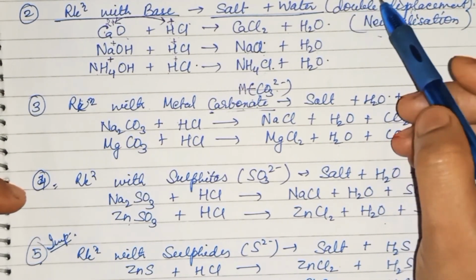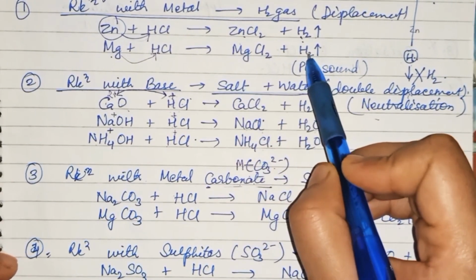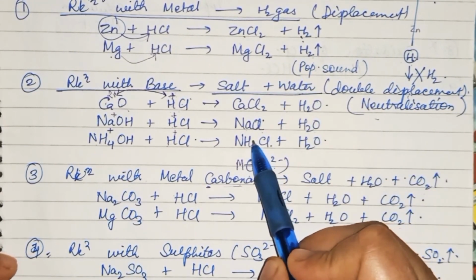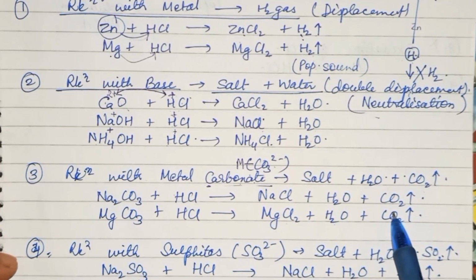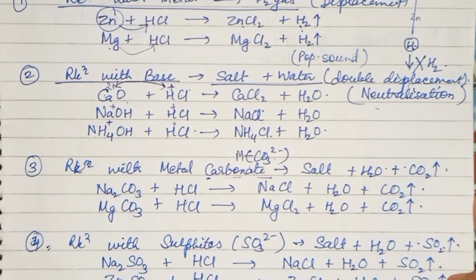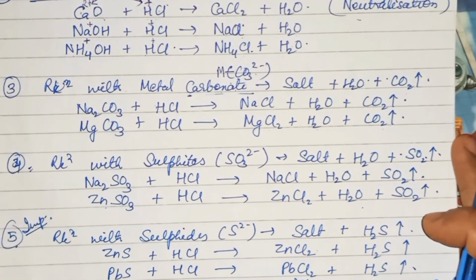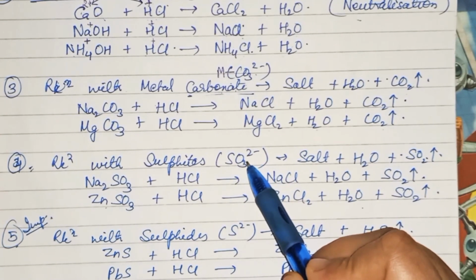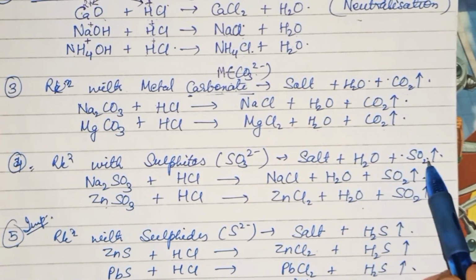Now see children, in the first step, salt and hydrogen are forming, in the second step salt and water are forming, and in the third step salt, water and carbon dioxide will form. Now the fourth reaction is with sulfites, SO3 2 minus. It will give salt, water and SO2 gas.